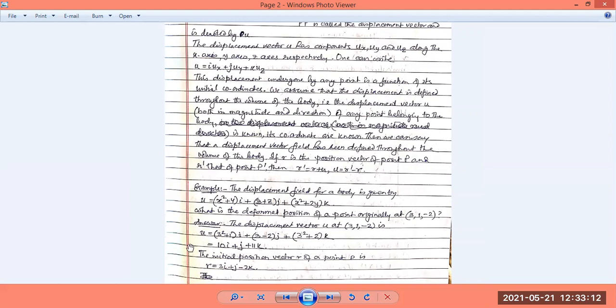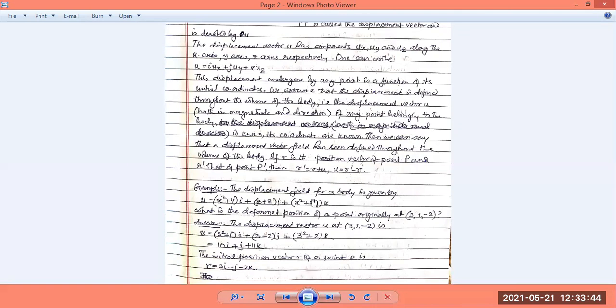For example, the displacement field for a body is given by u equals x square y into i plus 3 plus z into j plus x square plus 2y into k.